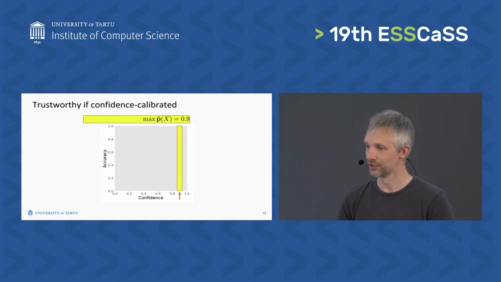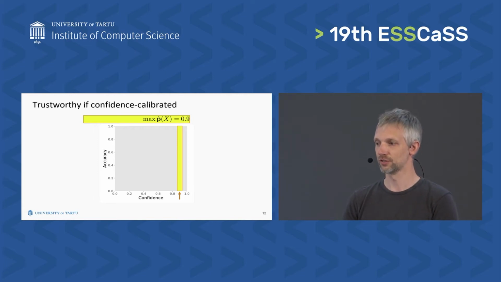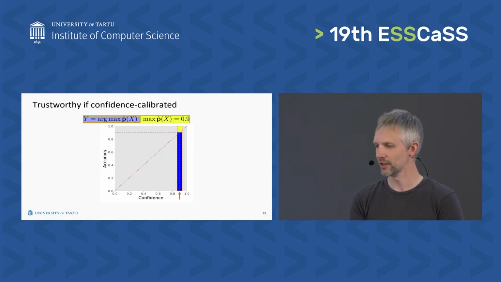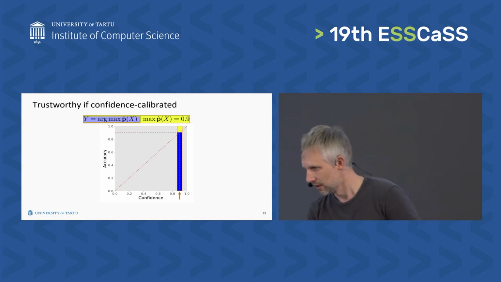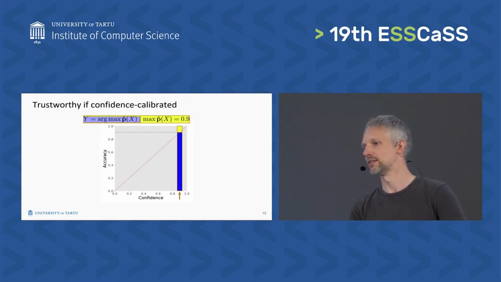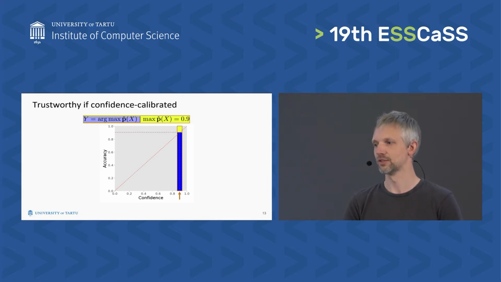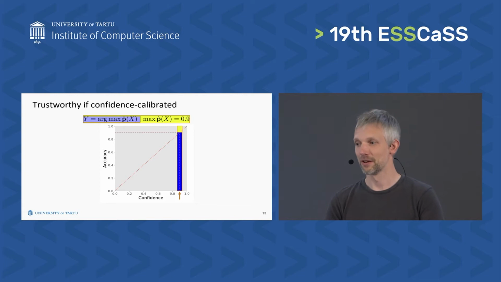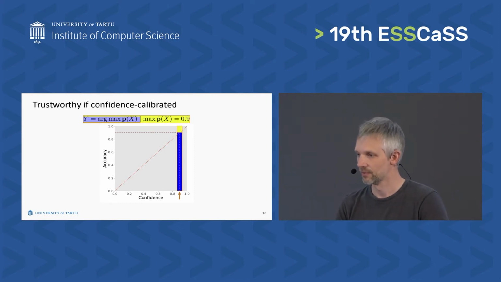So we are conditioning now. Instead of looking at all instances, we're conditioning on instances on which the model is 90% confident. That's the argmax. On that set, we are looking at how often we are accurate. And accurate, we can now mathematically denote as y, the true class, equals the predicted class, which is the class for which we have the highest probability predicted, so that's the argmax of p hat.